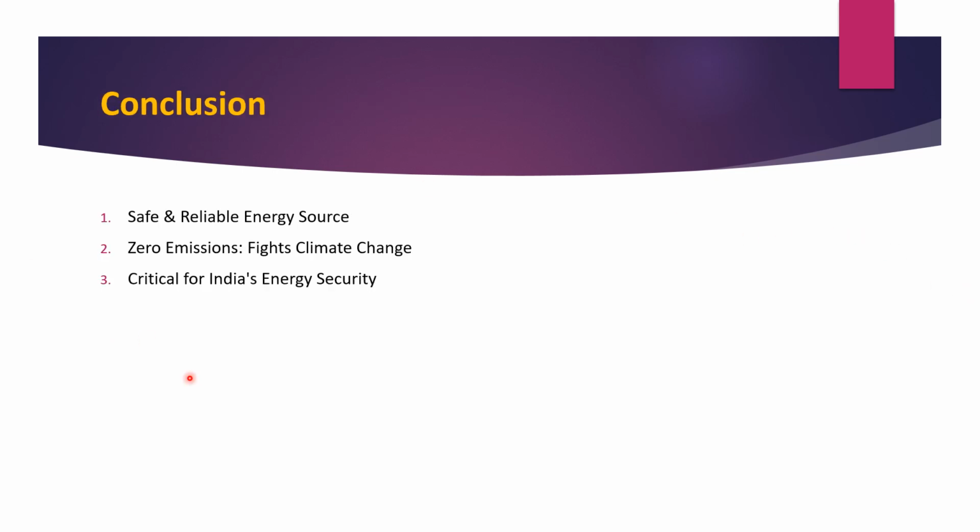So in conclusion, nuclear reactors are very safe and reliable energy sources, they do not contribute any greenhouse effect, and they have zero emissions. This is very critical for India's energy security and the demand for higher energy conversion.